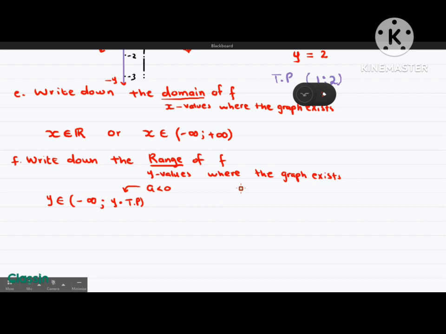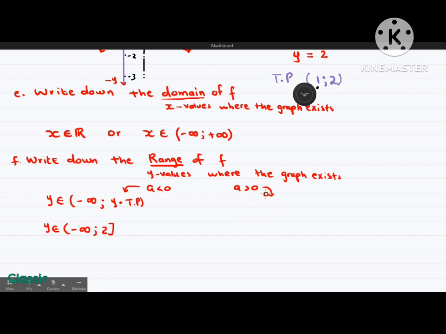But if a is greater than 0, I'm just giving you this as tips. So now we are going to check: y is an element of negative infinity until y of the turning point. What is the y for the turning point? We found that the y for the turning point is 2. Then you put a square bracket.